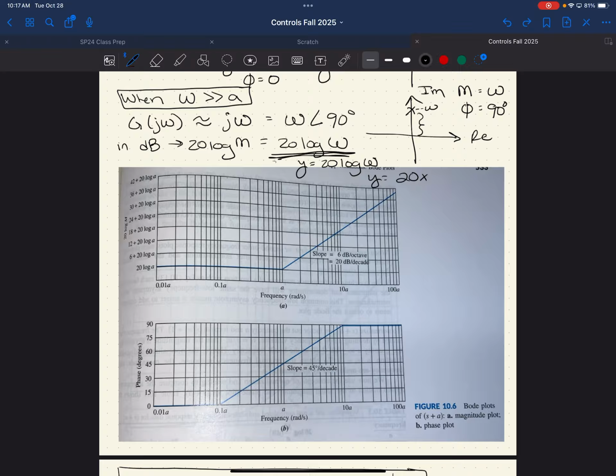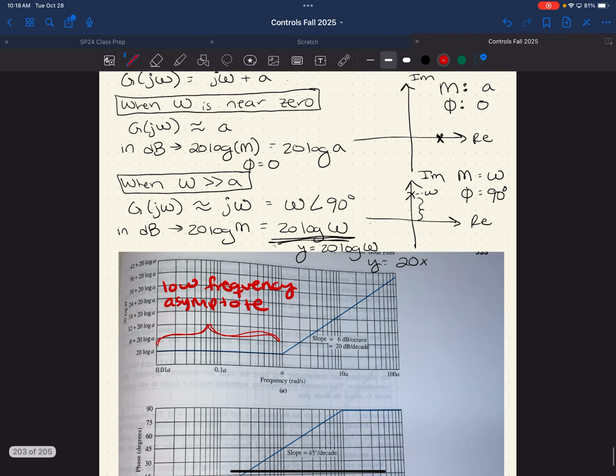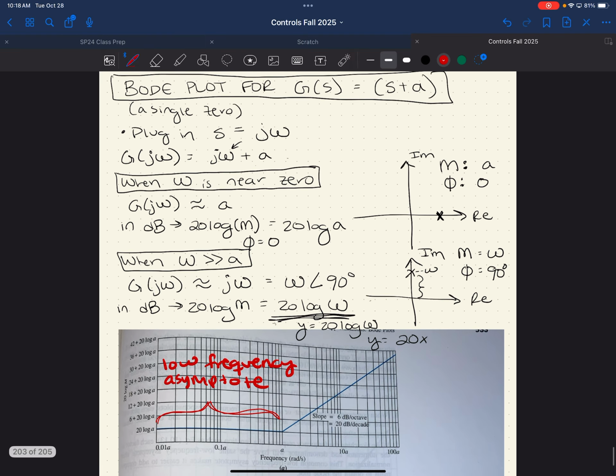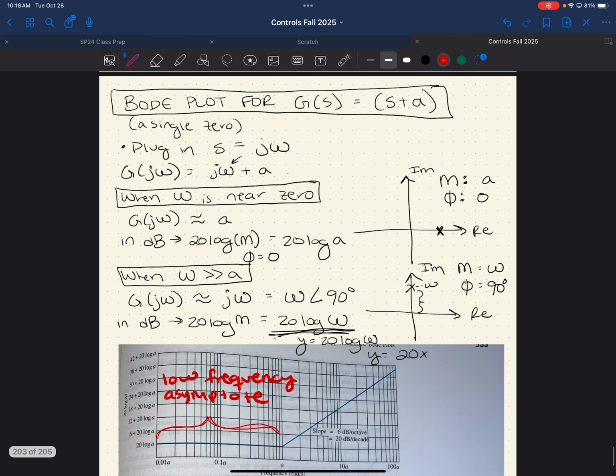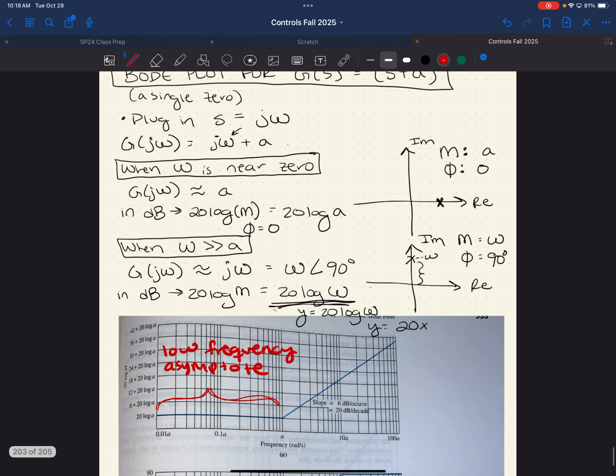So what happens is when our frequency is very low, remember when frequency gets very, very close to 0, we call this our low frequency asymptote. And this is equal to this one right here.